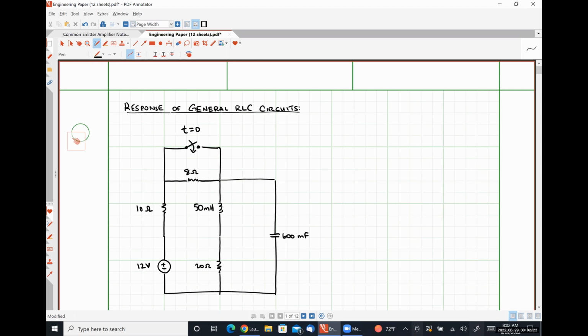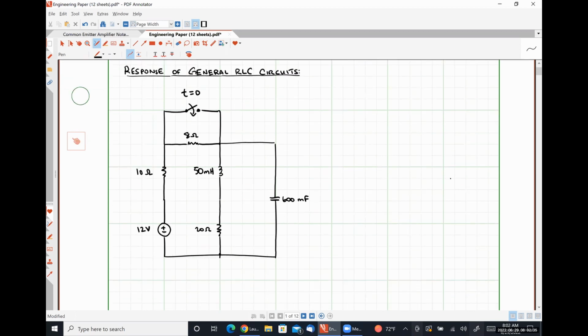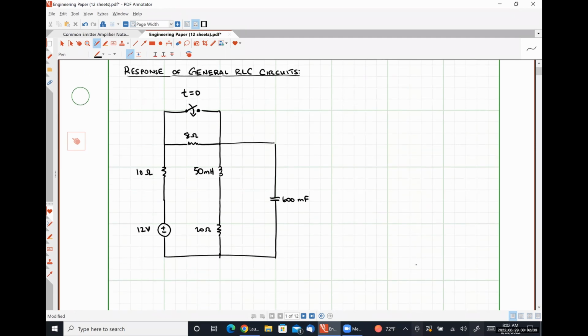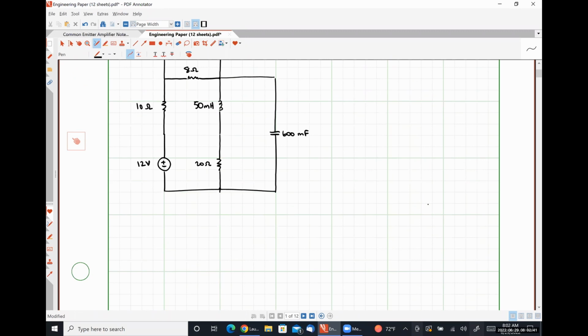So this circuit does not fall into the category of a parallel RLC circuit or a series RLC circuit. If we looked at this circuit during the transient condition as a dead network, what we would have would be this.